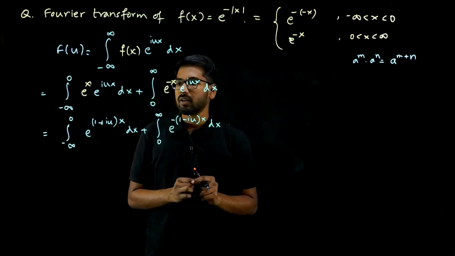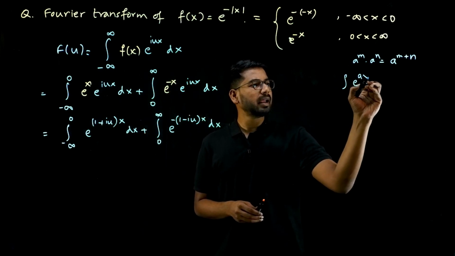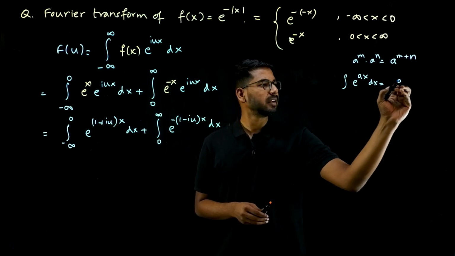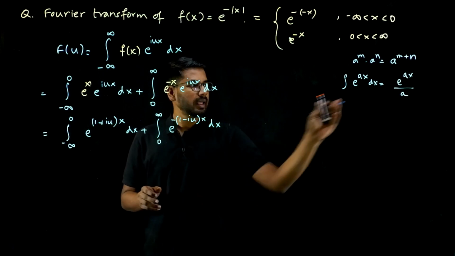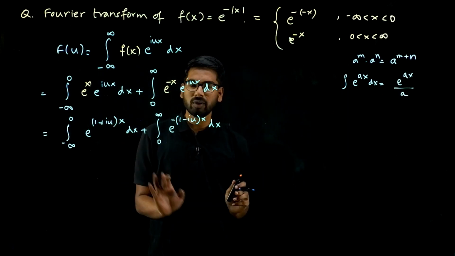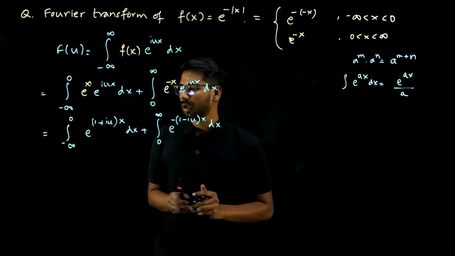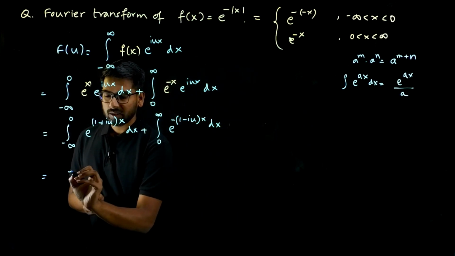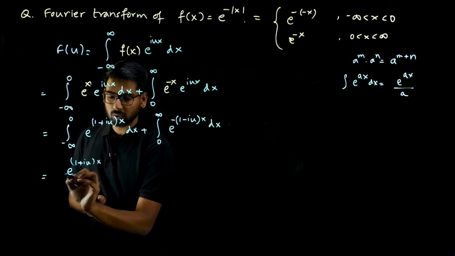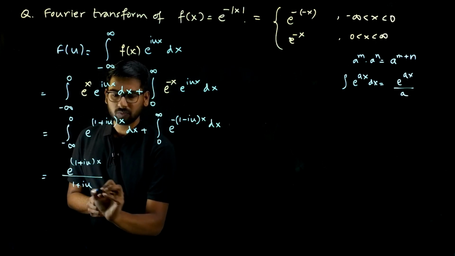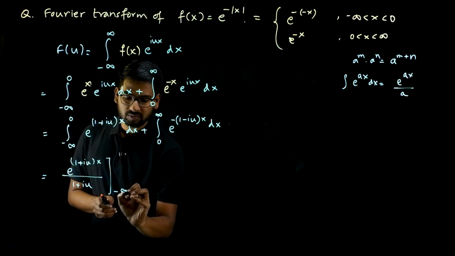If you multiply these two, minus x is here, and minus into minus gives plus iux here. Why did I do that? Because I know the integration of e power ax with respect to x is e power ax over a. In place of a I have 1 plus iu here, and minus 1 minus iu there. So this integration will be e power 1 plus iu x over 1 plus iu, with the interval from minus infinity to 0.